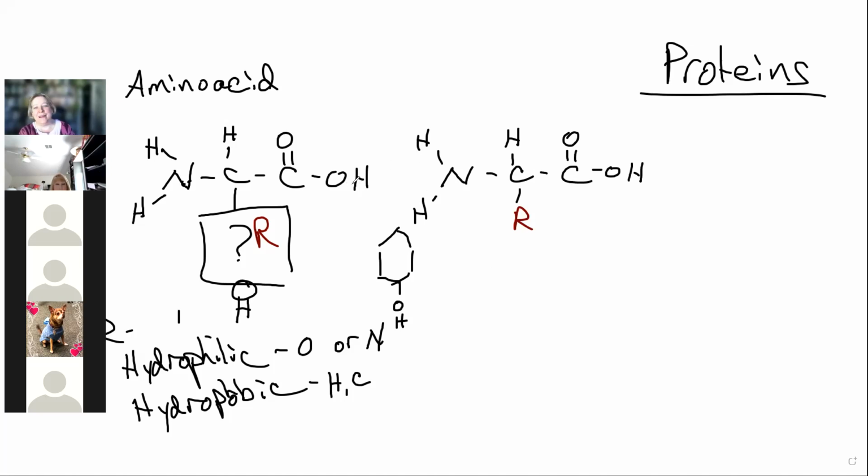Yes, in biology, we do a lot of dehydration reactions to put things together. So I'm going to take this OH group off of this end, and I'm going to take this hydrogen. I'm going to remove the equivalent of water to hook these guys together. And so I'm going to keep doing that to make a protein.